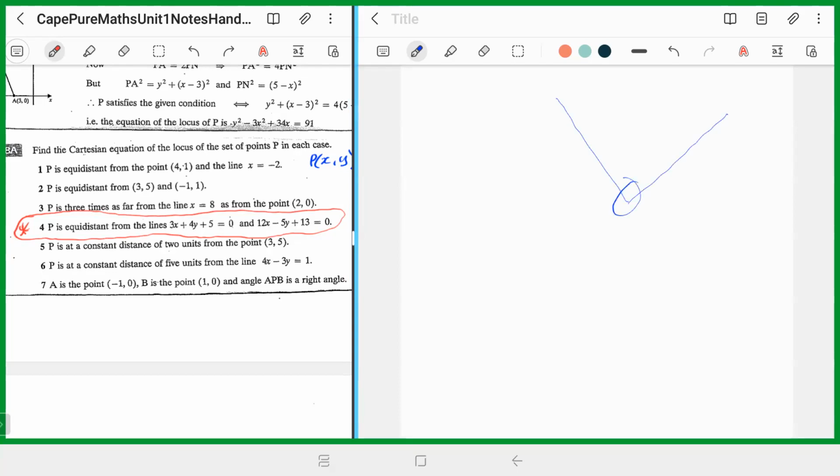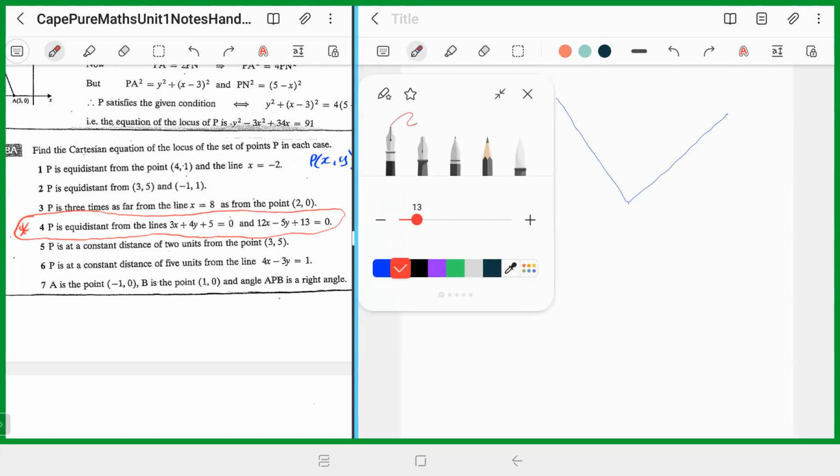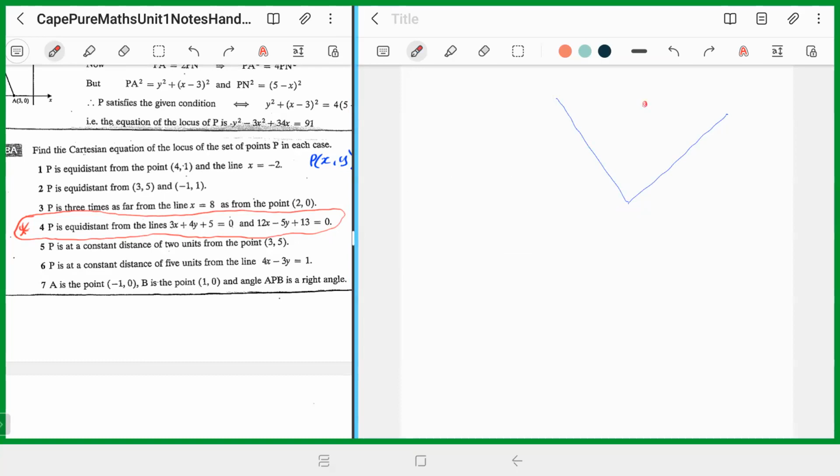So they must have an intersection point. And then now the point is moving such that it is the same distance from the two lines. So the point is here. It is xy. And the perpendicular distance to here is equal to the perpendicular distance to there. So the point is going to move like that.